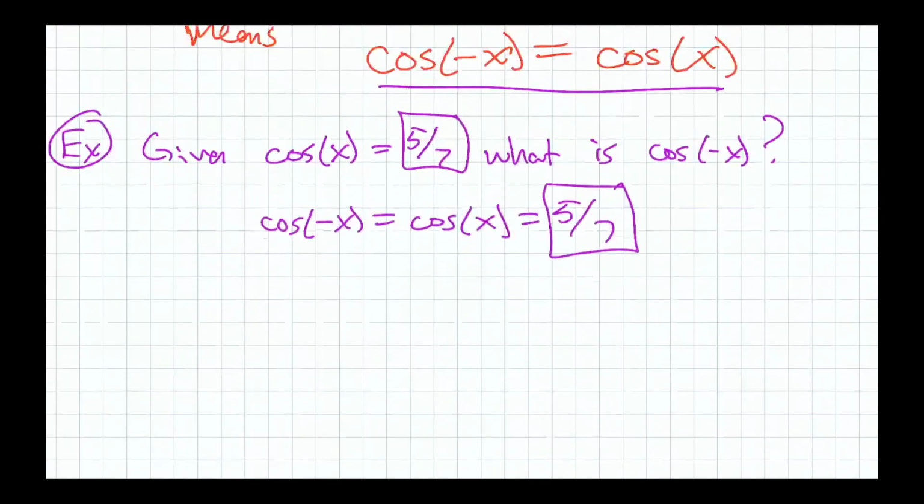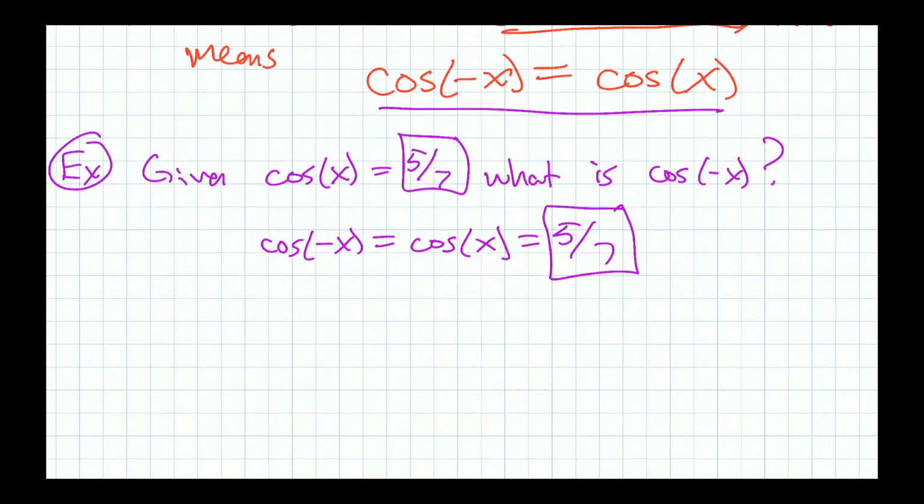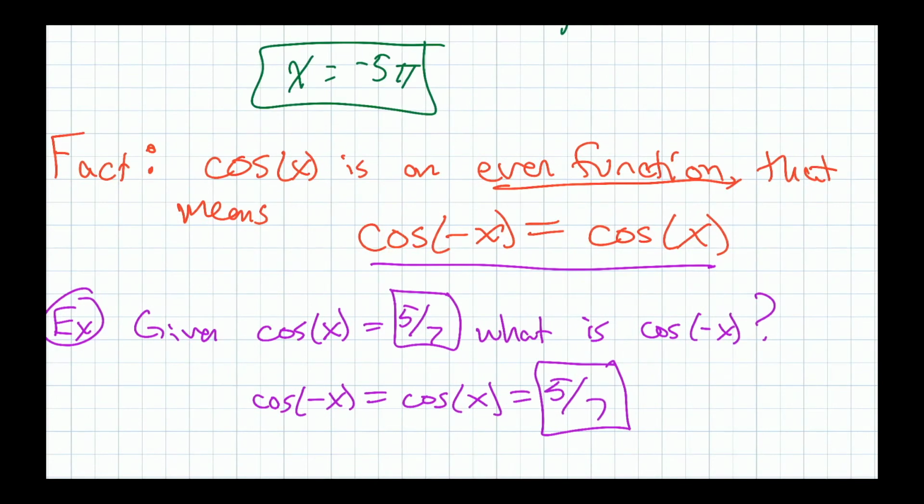Whereas with cosine, if they give you a positive, the answer would be positive because it's an even function. Okay, let's see what else is in here. Bunches of those even and odd things too, by the way. Don't know why they like them so much. They're pretty easy.